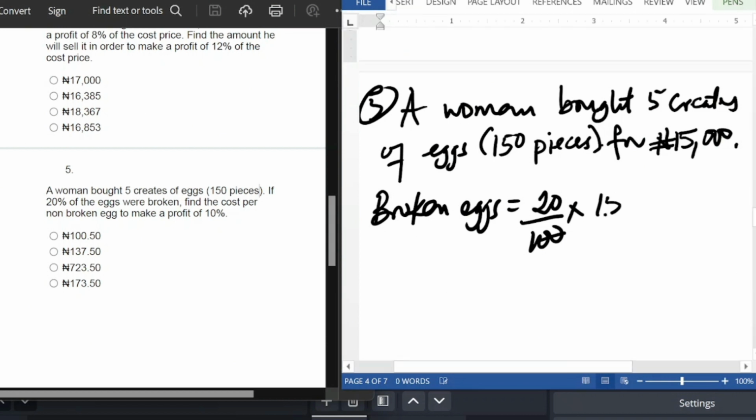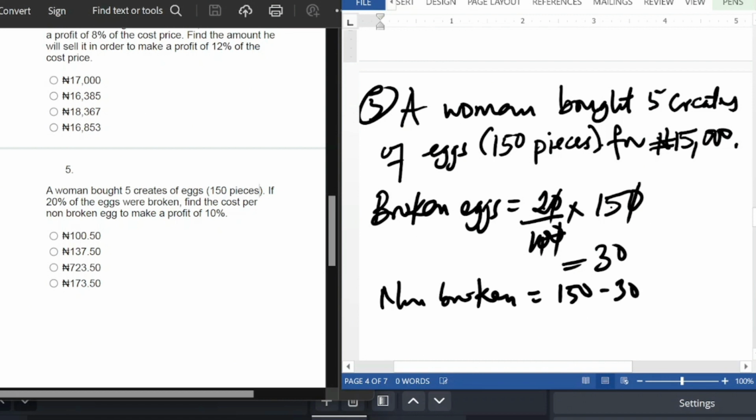Zero cancels zero, zero cancels zero. That is 2 times 15, which is 30. So 30 were broken. The non-broken eggs will then be 150 minus 30, which is 120.